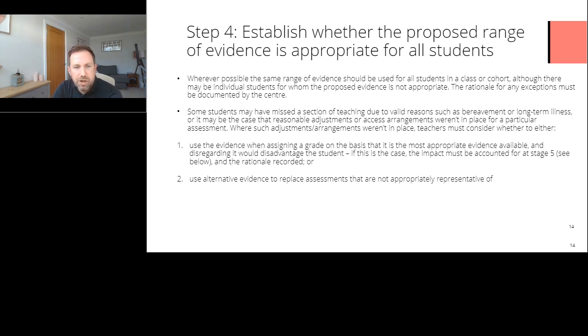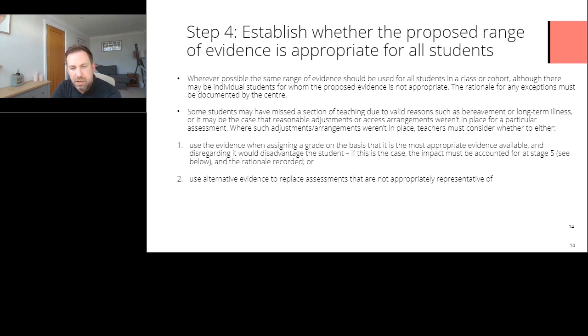It's also important to recognise that, of course, some students will have missed sections of teaching due to completely valid reasons, and this would include things like bereavements or potentially long-term illnesses. And of course, under normal circumstances, students would have available to them in examinations things like access arrangements. So it's really important that you think about what circumstances students were under at the point at which that evidence was completed.